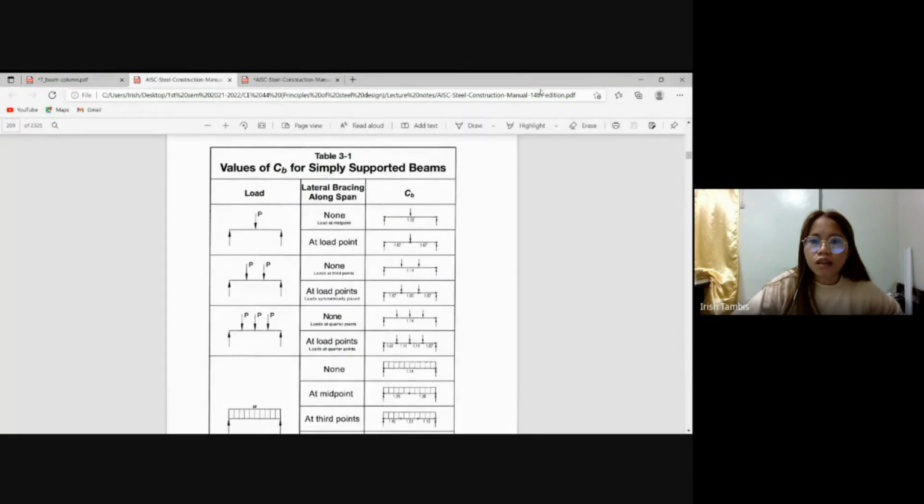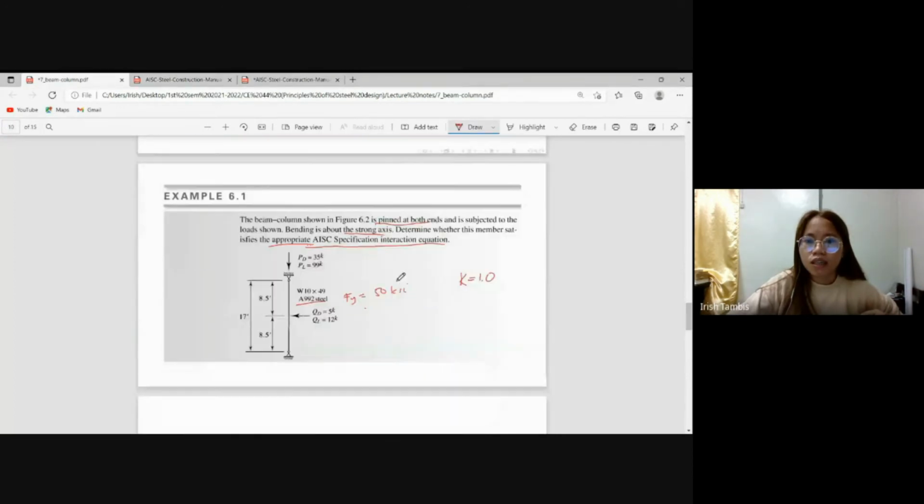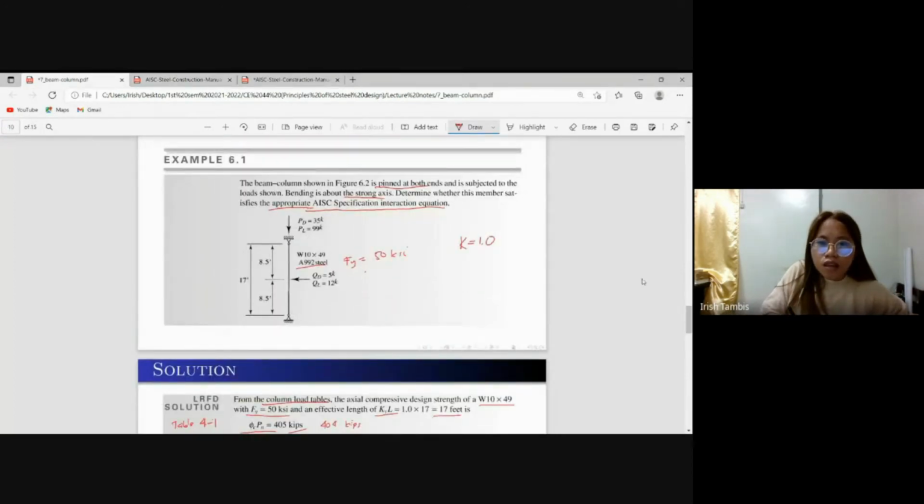For the simply supported beam, load at midpoint. For example, this one, the figure from earlier. Actually, you consider this one as a beam, then you have this load at the middle, these lateral loads.